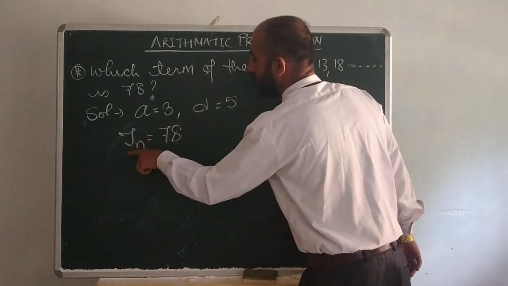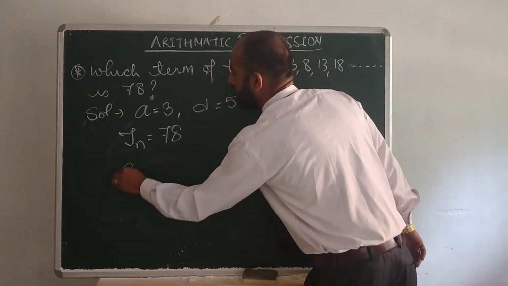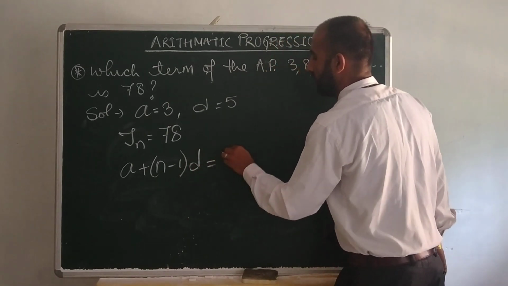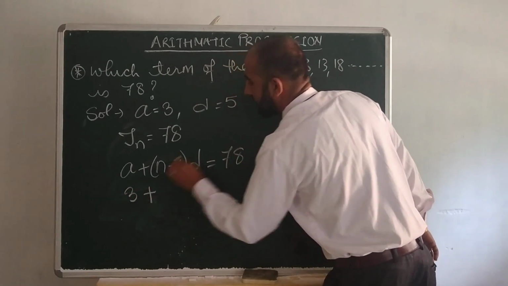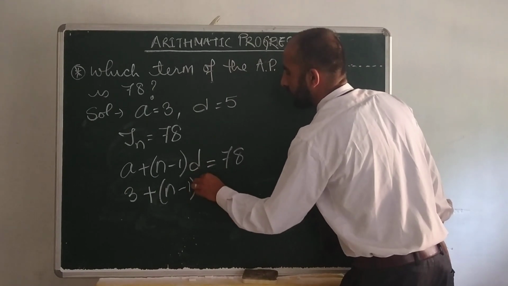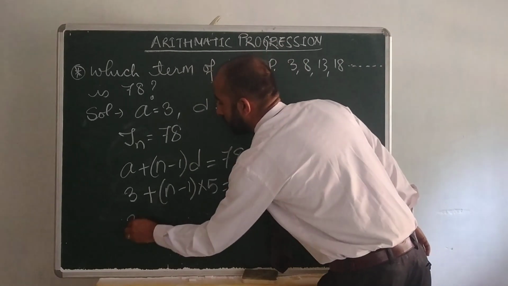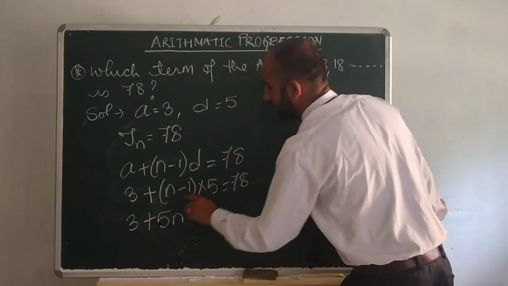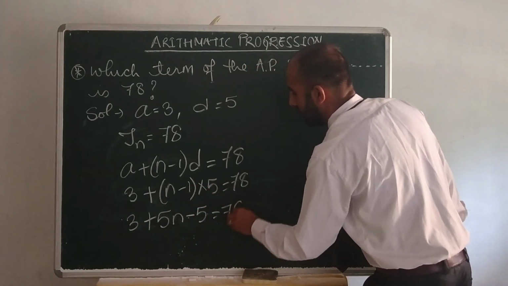So we know the nth term formula which we did in my last video. a plus (n minus 1)d equals 78. So a we have got 3, plus n we are supposed to find, d we have got 5, equals 78. So 3 plus 5 into n, 5n, 5 ones minus 5 equals 78.